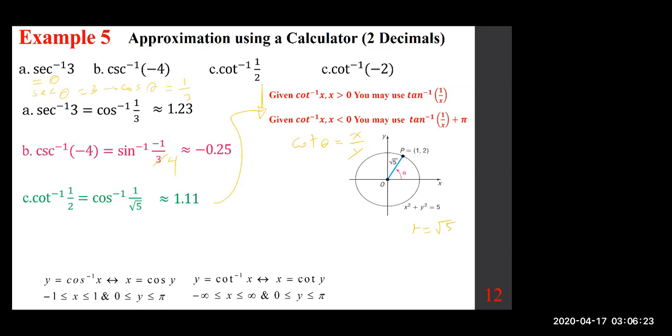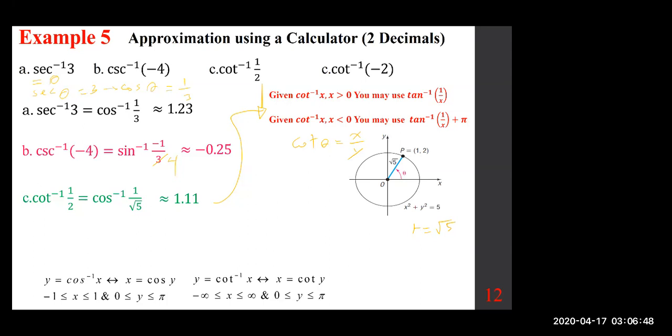Now, before we move on, there is another method, and it's actually a tad more complicated. I want you to know that. If we know it's a positive x, we can use tan inverse of 1 over x. Why is that? Because if it belongs to the first quadrant, tangent and cotangent are both positive, and that works out.